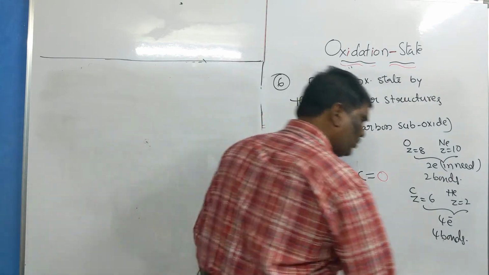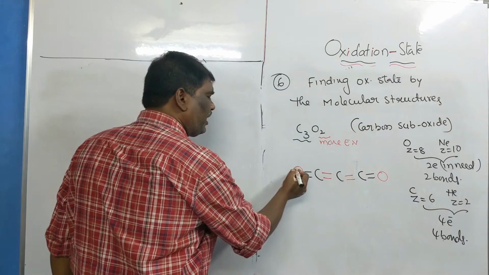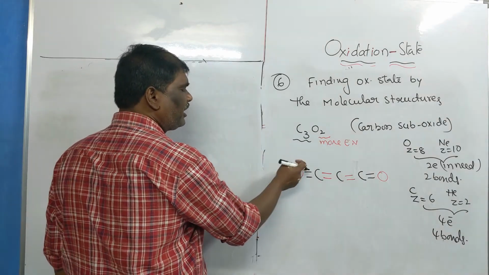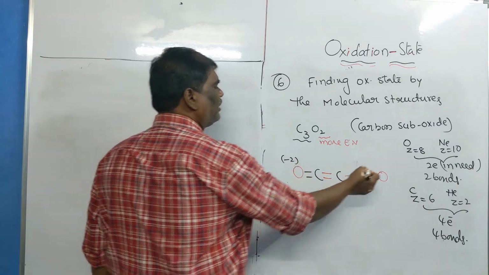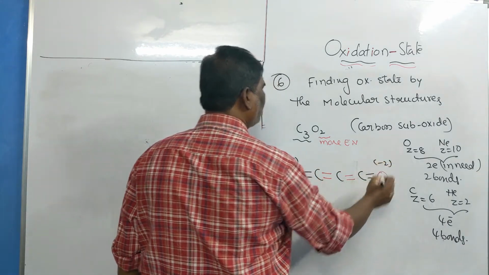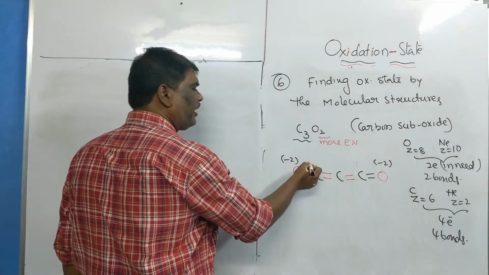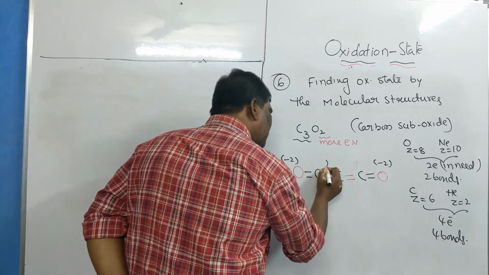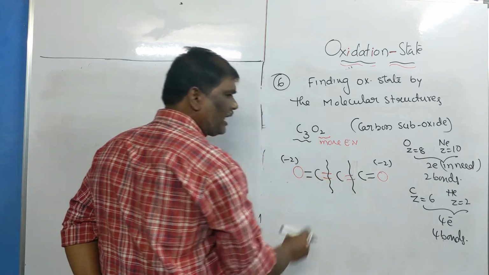Now, oxygen is given the general oxidation state. Oxygen's number is 8, the nearest one is 10. 8 minus 10 is minus 2 oxidation state. What about the carbon? Now this bond is not counted because these two are like atoms.